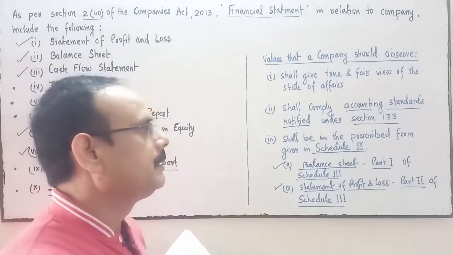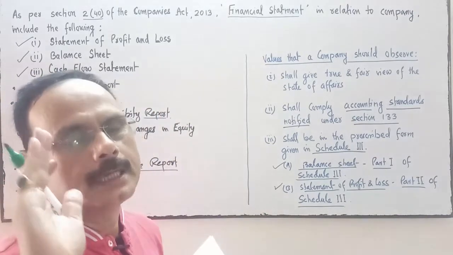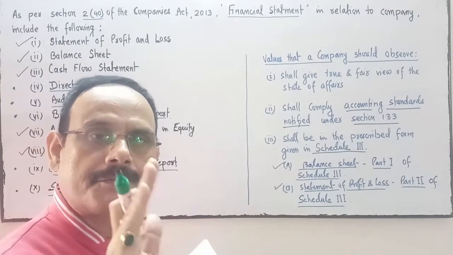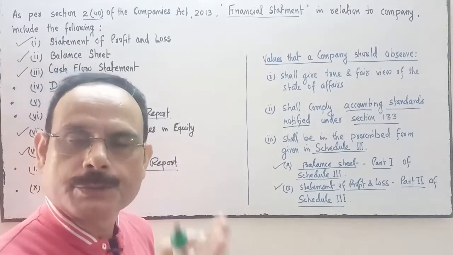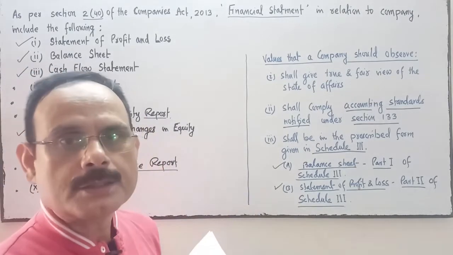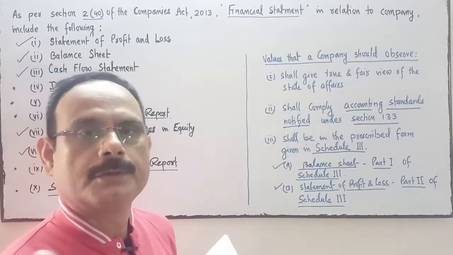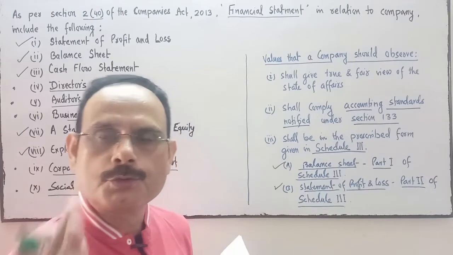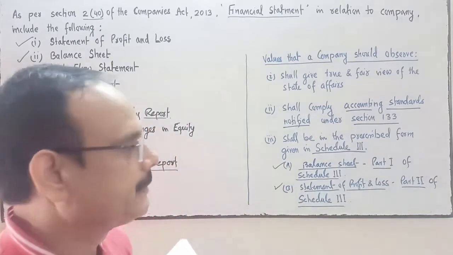And third one, the company must prepare the balance sheet in the prescribed form given in Schedule 3. For balance sheet, Part 1 of Schedule 3, and for the statement of profit and loss, Part 2 of Schedule 3.